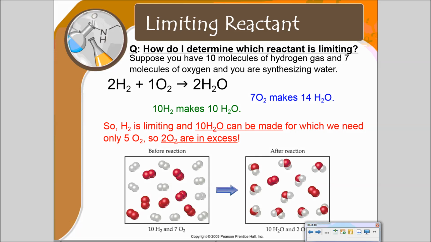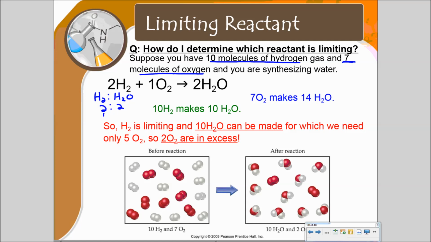So how do I determine which reactant is limiting? Again, suppose you have 10 molecules of hydrogen gas, and you have 7 molecules of oxygen. And so we're going to synthesize some water. If we look at the ratio between hydrogen and water, we get that ratio from the balanced equation. It's a 2-to-2 ratio.